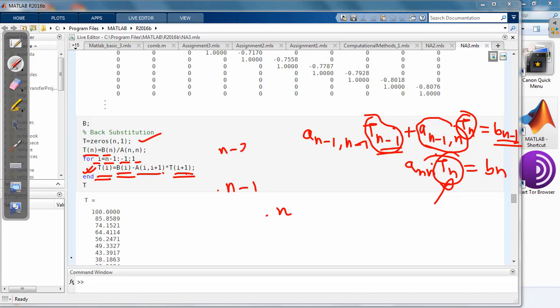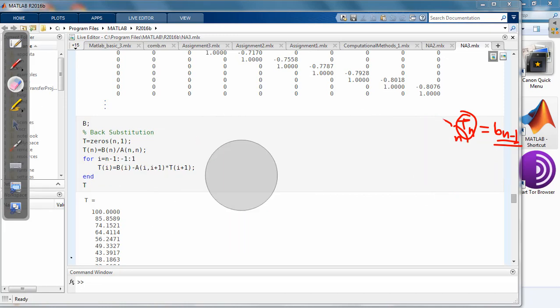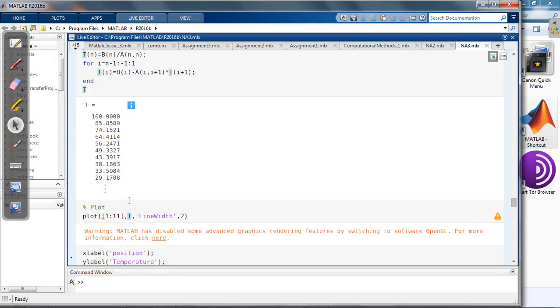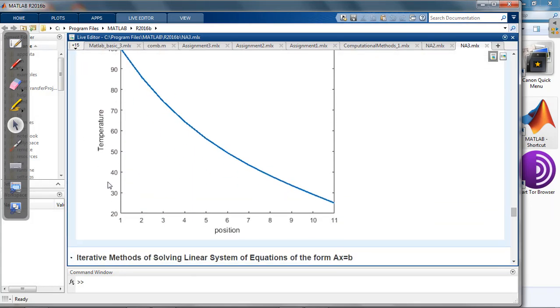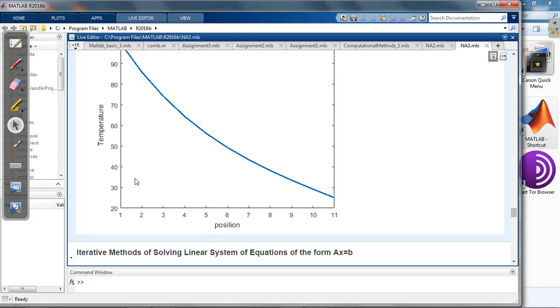When you try to calculate T(n-2), already T(n-1) is calculated. So using the value of T(n-1), you can find T(n-2). In this way, gradually from the bottom to top, you will be able to find all the temperatures. So this is the algorithm. If you find the solution, you will get the same result, and you can also plot it to see how temperature is varying along the length of the fin.